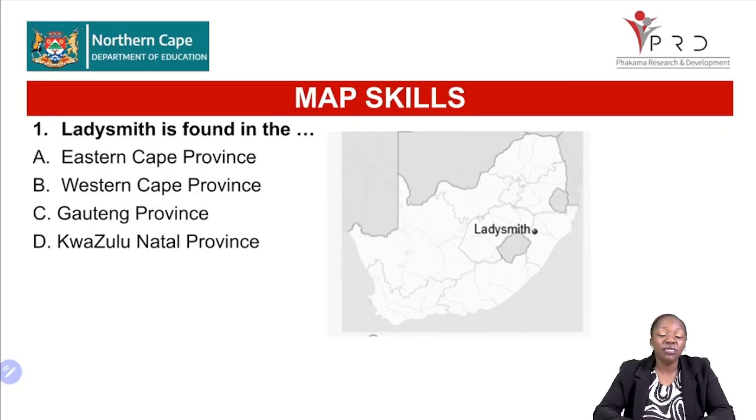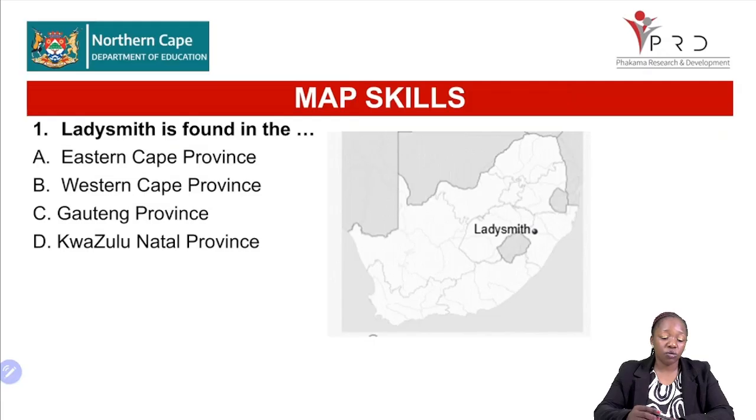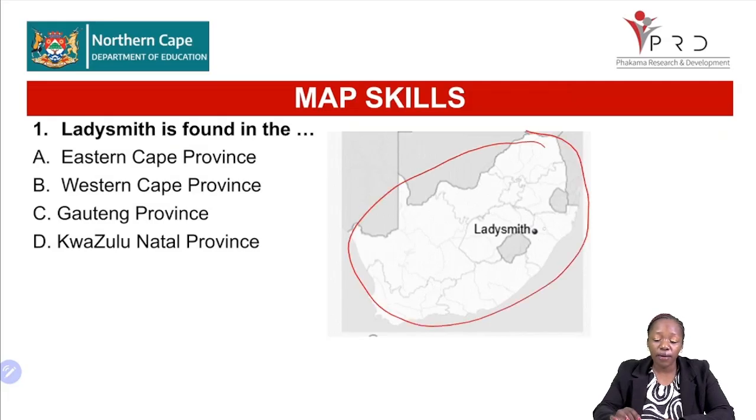So we are looking at the province where Ladysmith is found. Should it be that you were not given these options, A, B, C, and D, but you were only given the map, which means by knowing the provinces of the country, you will be able to identify this is KZN, which is KwaZulu-Natal.